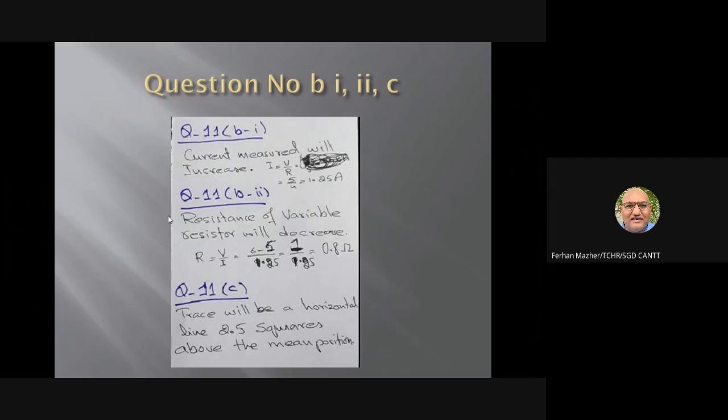And the current flowing through the variable resistor is 1.25 ampere, because the same current flows throughout the circuit. So very easily I can find 1 volt divided by 1.25, which is 0.8 ohm. So the variable resistance will be 0.8 ohm, and we know that this resistance has decreased actually. Previously the resistance was more. It's a little tricky question. It is a tricky question, students.